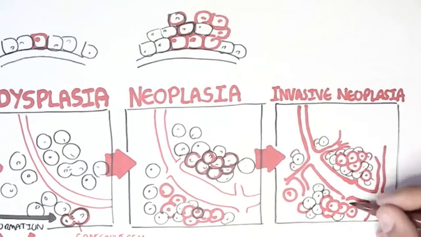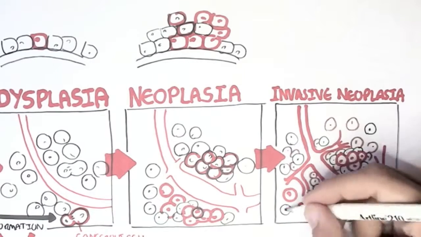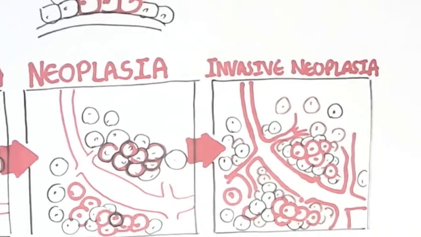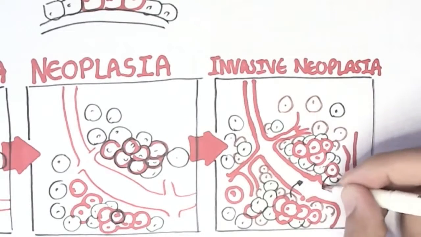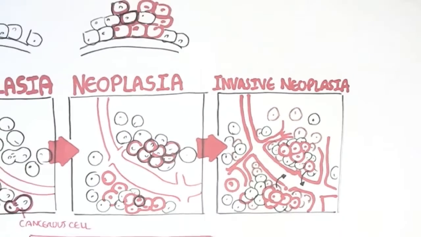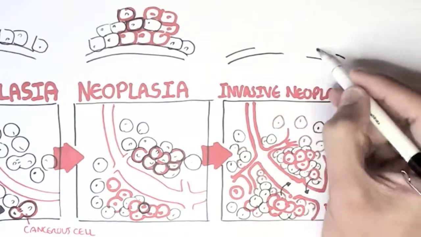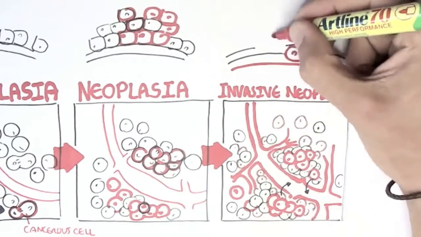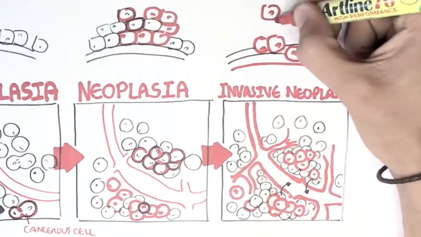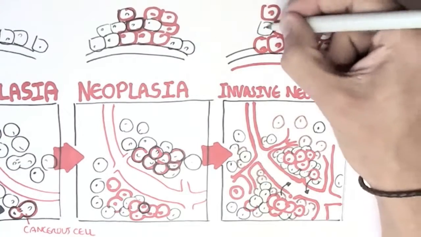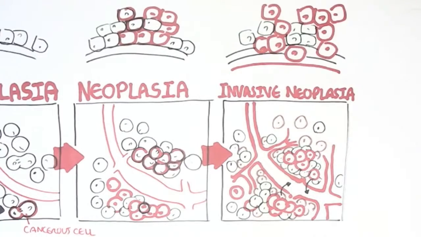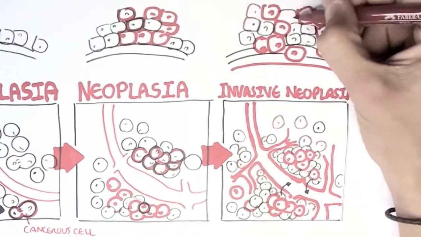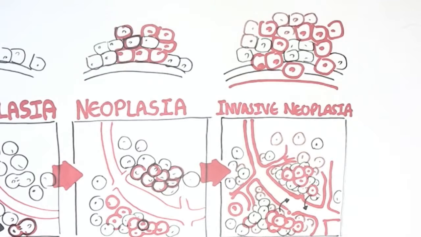And the cancer cells can essentially move into the blood vessels and invade other organs and tissues. Looking at it from a different view, you can see how these cancer cells are multiplying and creating a tumor, a neoplasia, and at the same time the bottom layer is penetrating through the tissue into the blood vessel. And so when it goes into the blood vessel, it can invade other organs and other tissues.